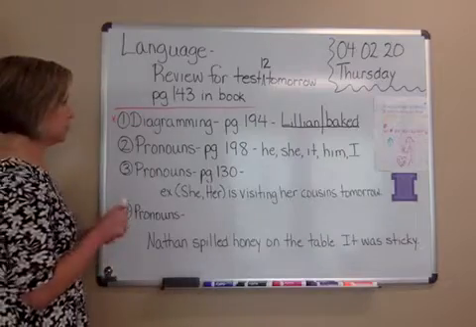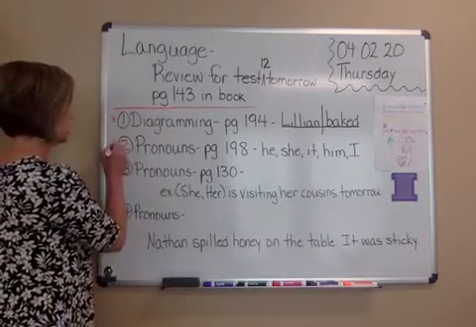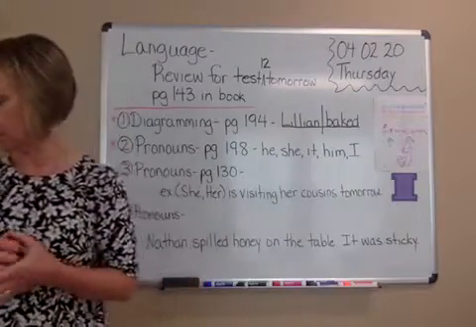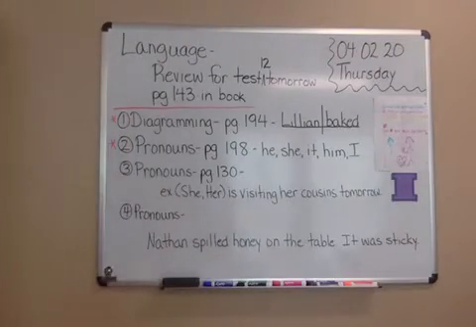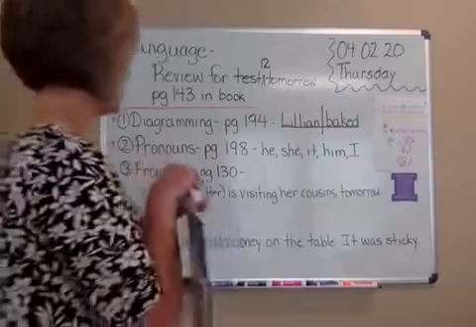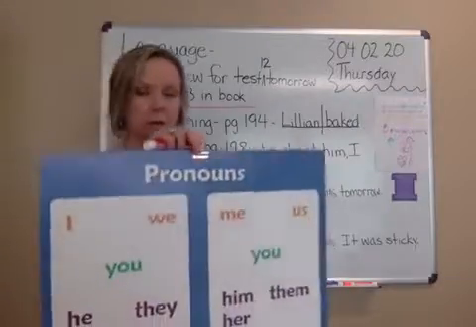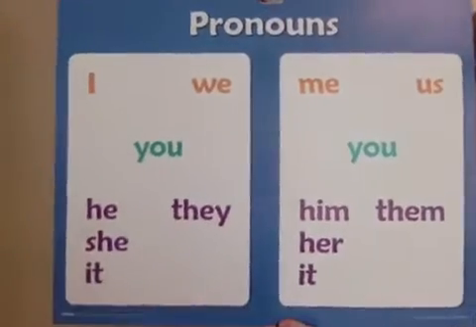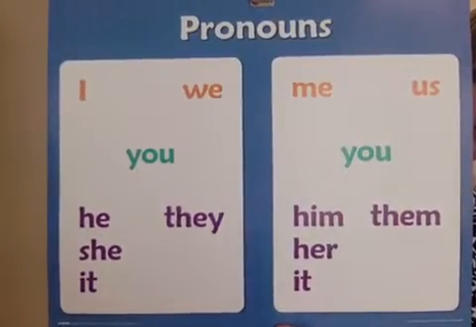Okay. Number 2, you will need to make sure that you are familiar with pronouns. Pronouns quickly. Please be sure that on page 198 they're listed. But if you wanted a quick view, let me see if I can get that all in there. There you go. There they are.